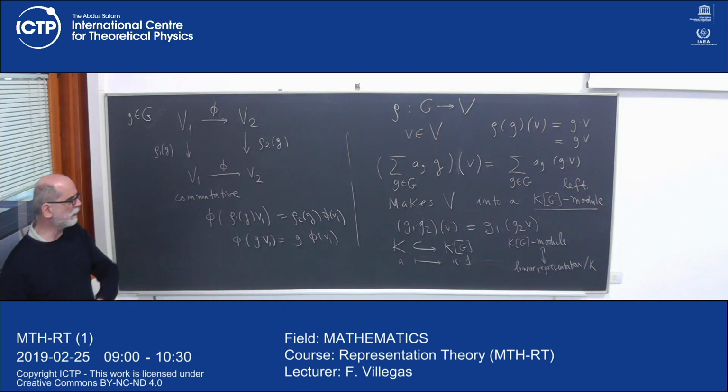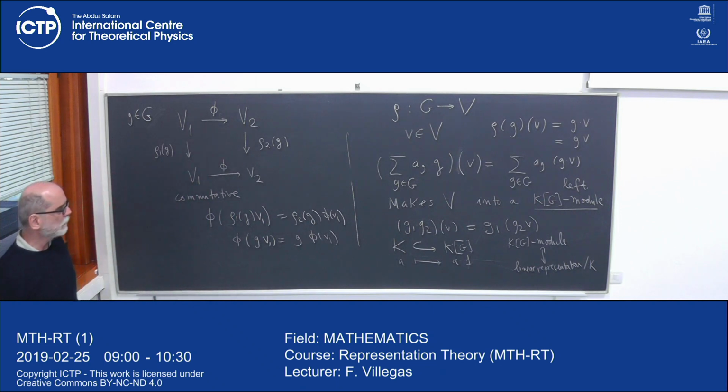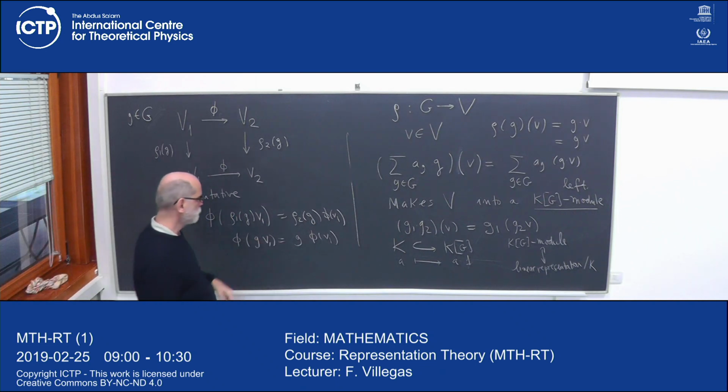So the way that G acts is preserved by this map phi. In particular, phi has to be a linear map, but not every linear map will behave this way. It doesn't have to commute with the way that the G's act.